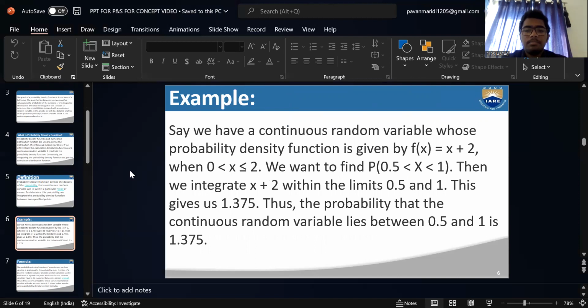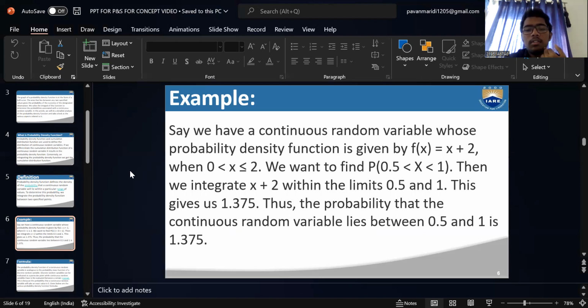Example. Say we have a continuous random variable whose probability density function is given by f of x is equal to x plus 2 when 0 less than x less than or equal to 2. We want to find P of 0.5 less than x less than 1. Then we integrate x plus 2 within the limits 0.5 and 1.